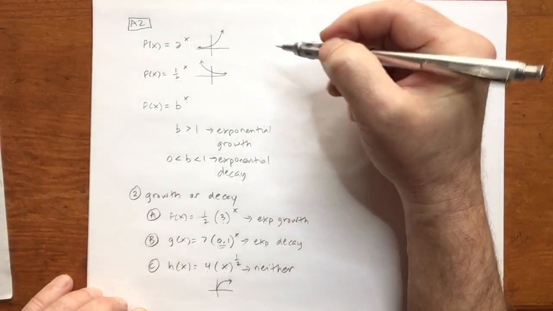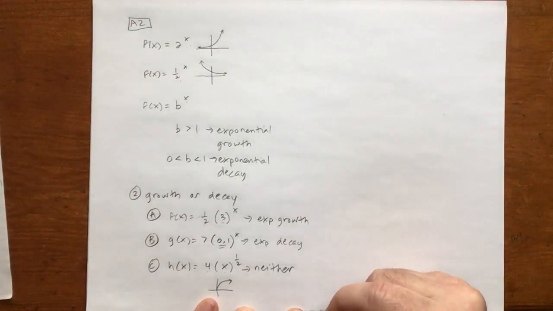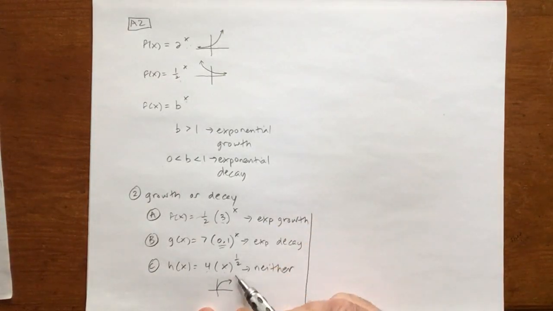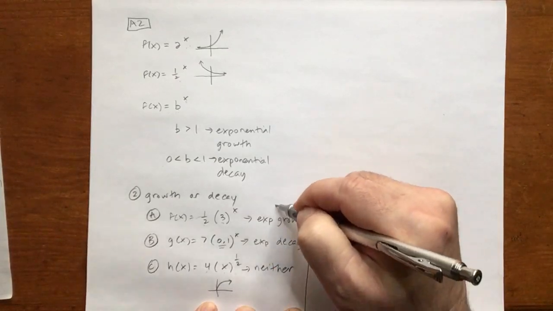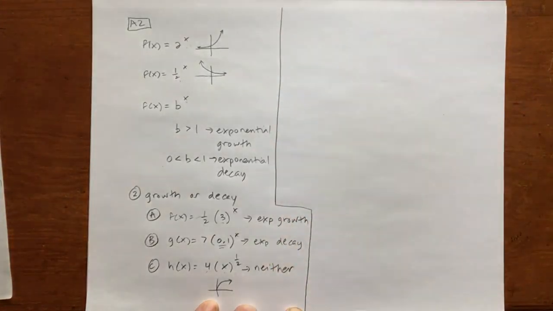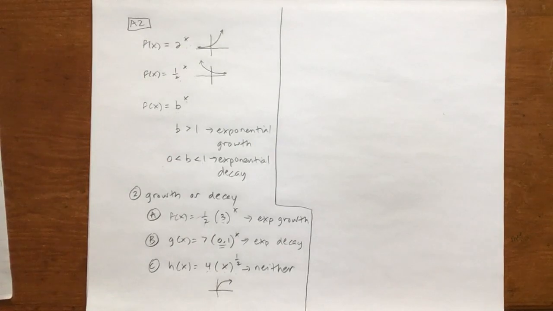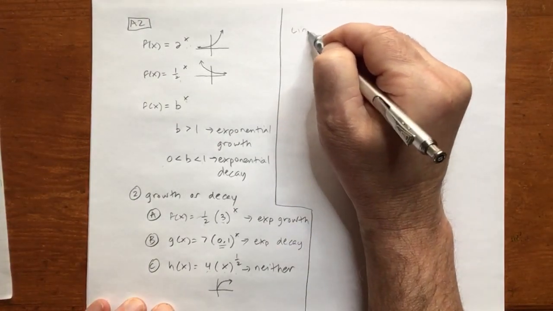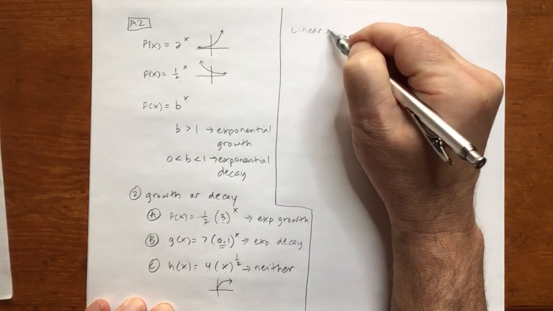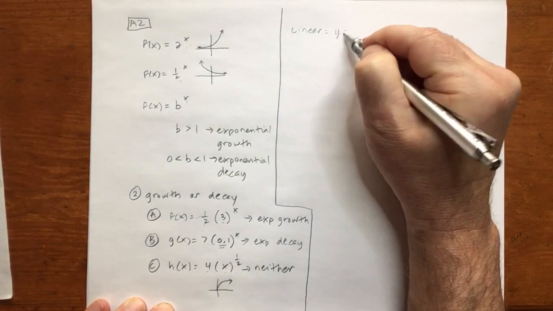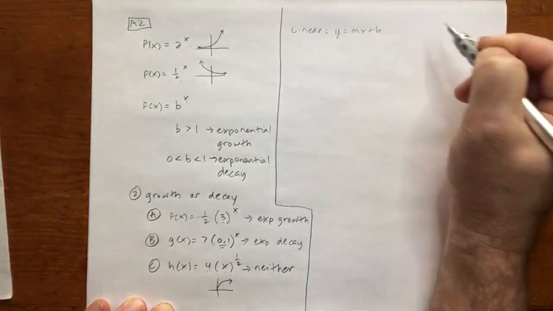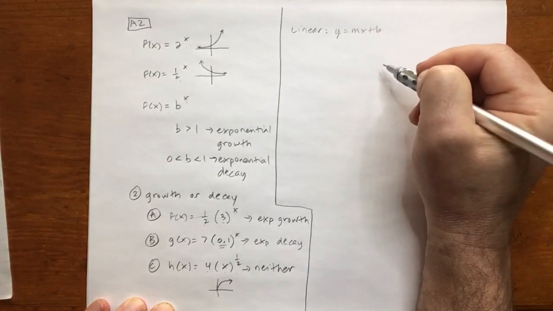Okay. And an important thing I want you to really focus on, and this problem right here brings that up, is the difference between a linear growth function and an exponential growth function. A linear function might look like this. You know how we have y equals mx plus b, slope-intercept form?